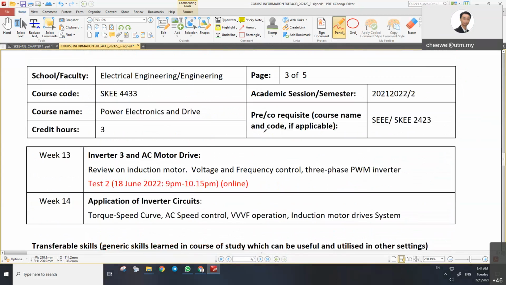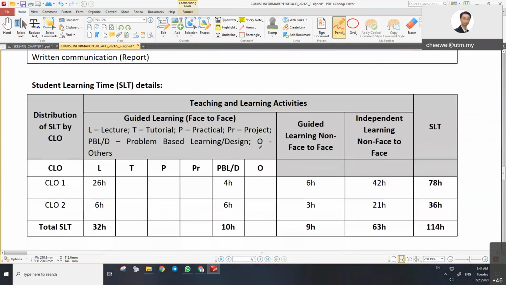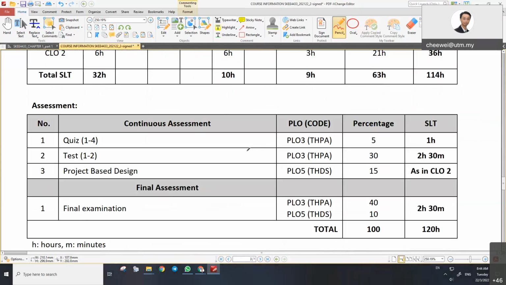Let's go and see what is the assessment. We will be having quizzes from time to time. It says here 1 to 4. The percentage of contribution to the course will be 5%. I think I will do 5, so maybe 1% for one quiz. Not sure. The more the merrier. But tests, we have 2, test 1 and test 2.